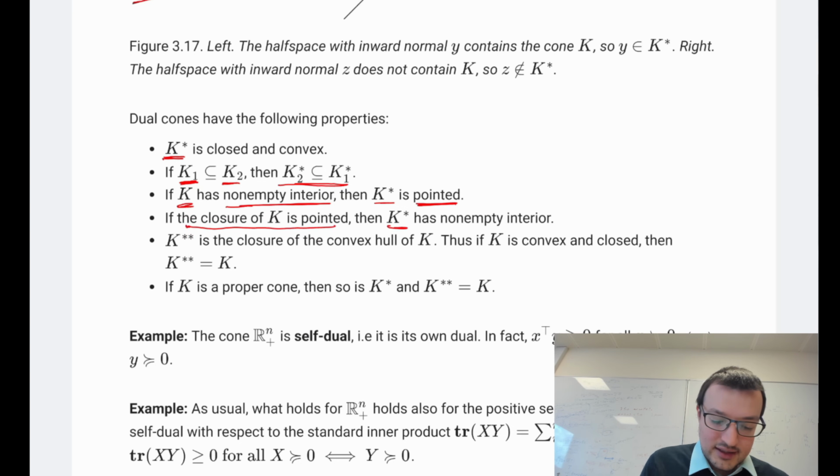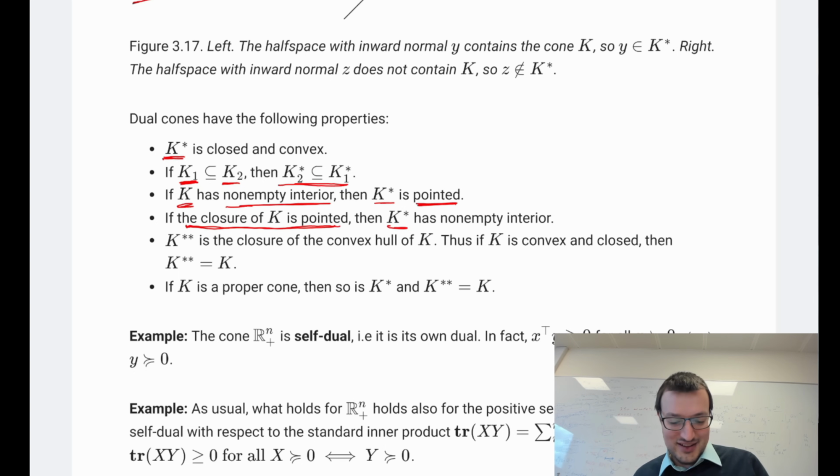So you have to realize that this is a relaxation, not a restriction, okay? Essentially, we're saying that K does not have to be pointed. But if the closure of K, which is something bigger than K, is pointed, so even if K is not pointed, as long as the closure of K is pointed, then K star has a non-empty interior. So in one direction, again, the properties are better, let's say, okay?